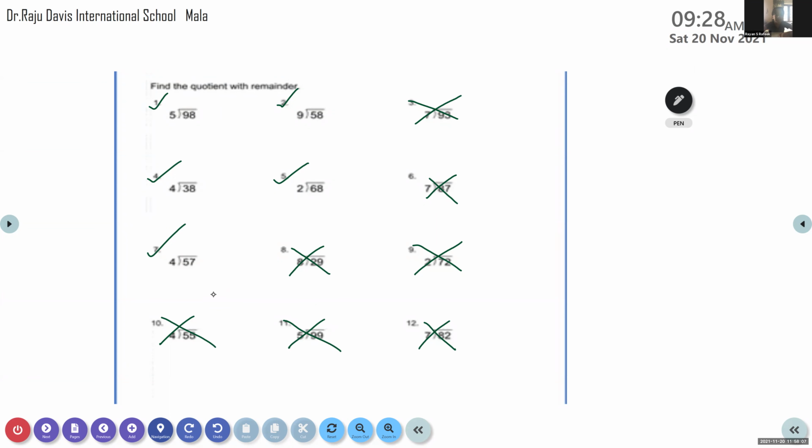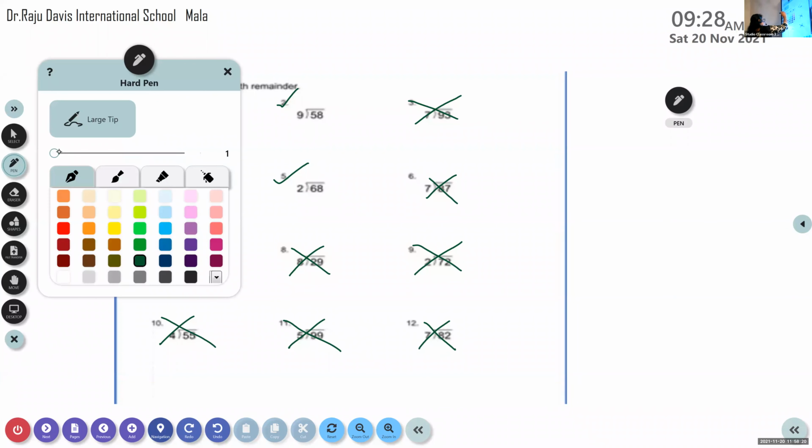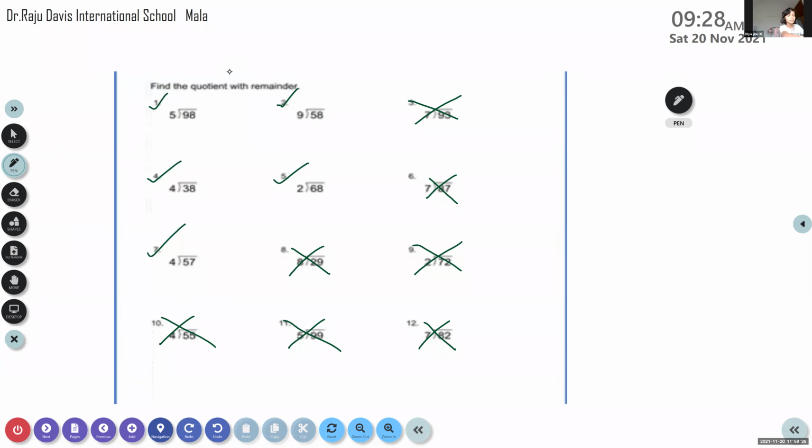I'm going to do that first one now. All of you look here. First one I will do here. 98 divided by 5.